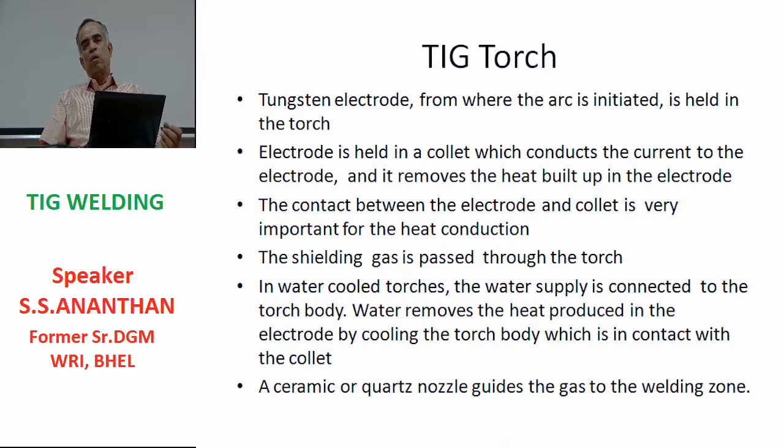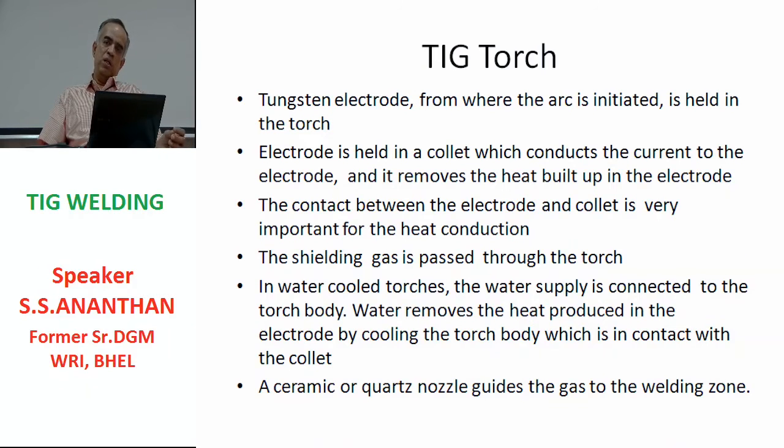If the contact is not sufficient or improper due to any damage in the collet walls, then the heat will not be conducted from the tungsten electrode to the body, and the tungsten will be overheated. This will lead to a lot of problems in the actual operation. There is a possibility that the tungsten itself may melt and then drop into the molten pool. So to avoid it, a welder or the welding operator has to carefully verify this before fitting into the torch.